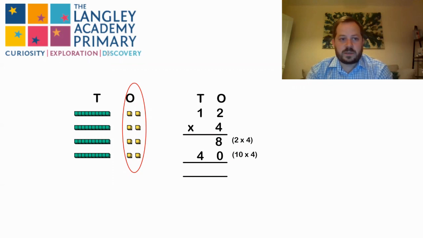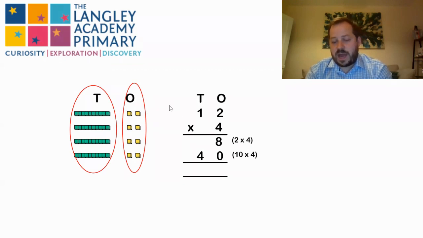Then we times our tens column, and we get our answer for our tens column. So we've done 10, because there's 1 times 4, so that's what we're timesing by, and that makes 40. And then the final step is to add those two parts together. Those two parts go together to make 48. Now, sometimes you'll notice that some of these bits go into the next column up.